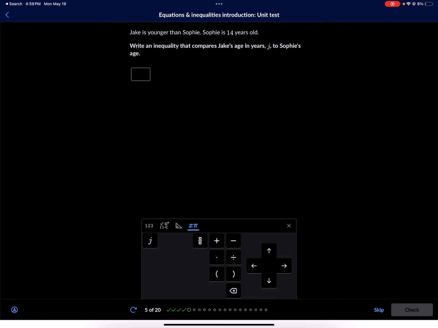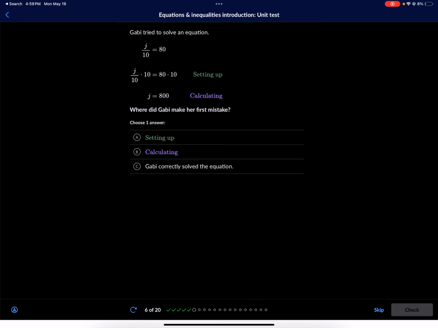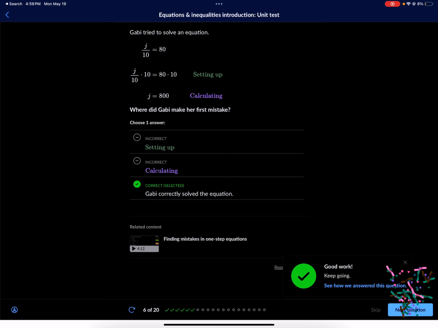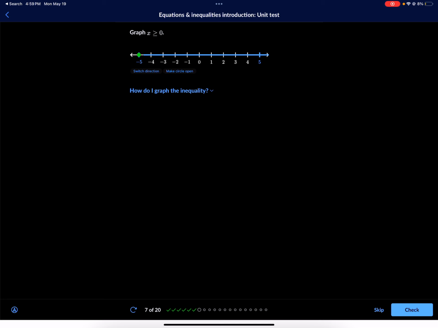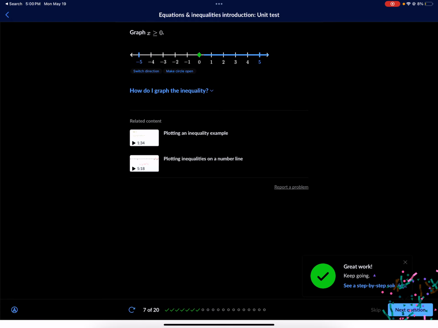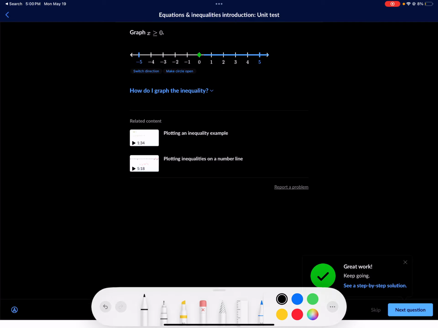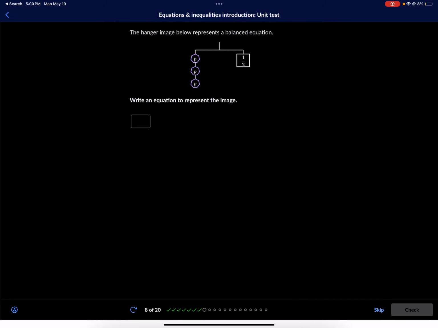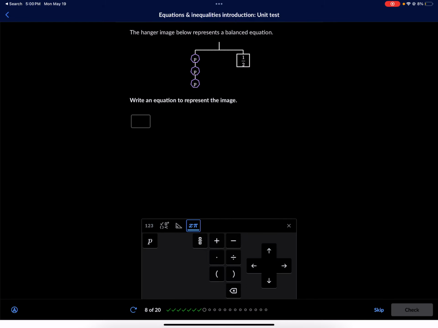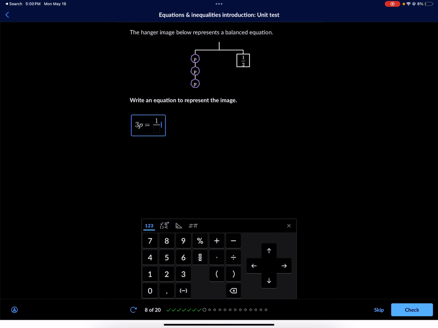Okay, the answer here is J is less than 14. If you got that right, good job. The answer is C. If you got that right, good job. The answer is this graph. If you got that right, good job. The answer is 3p is equal to 1/2.